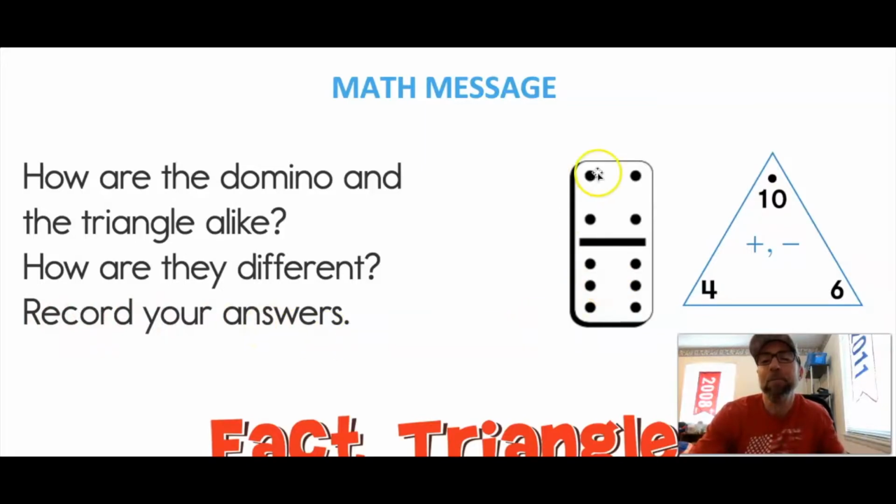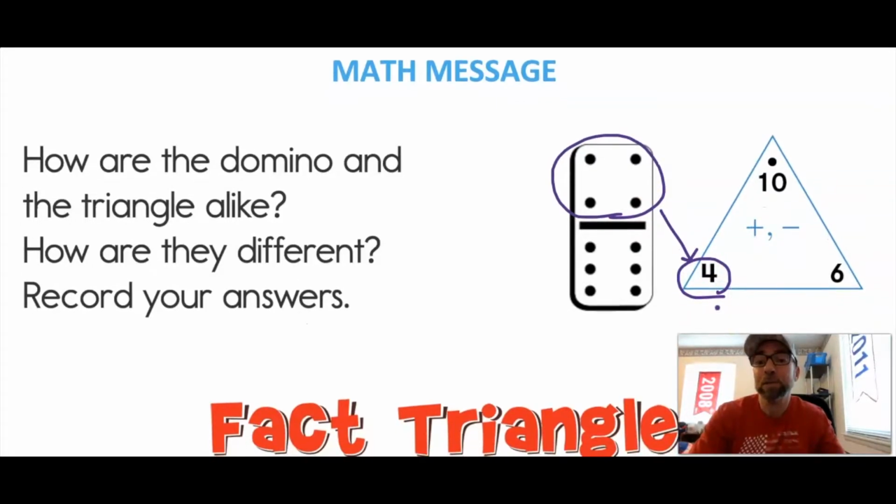Here's our domino. Here is our triangle. How are they alike? What makes them the same? Well, I see that on our domino, we have 4 dots, and on the triangle, we have the number 4.